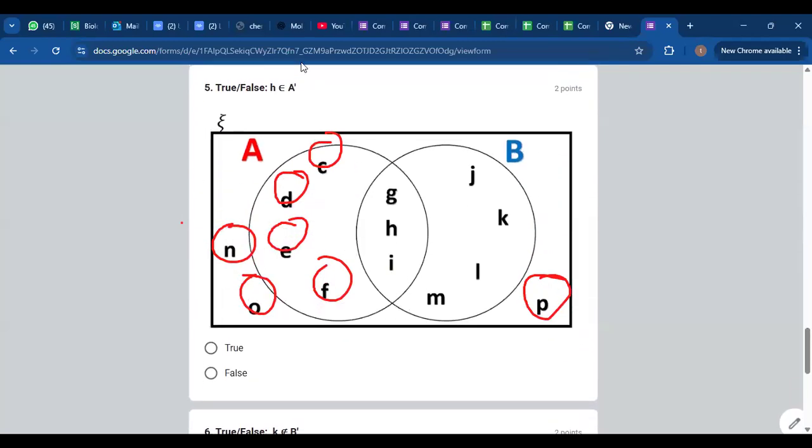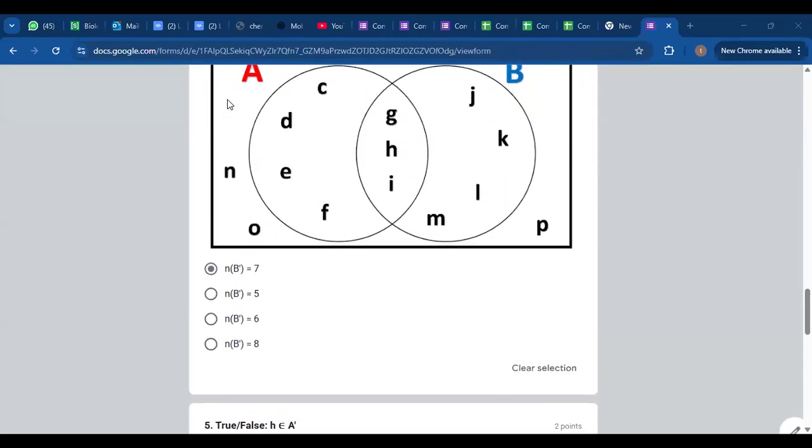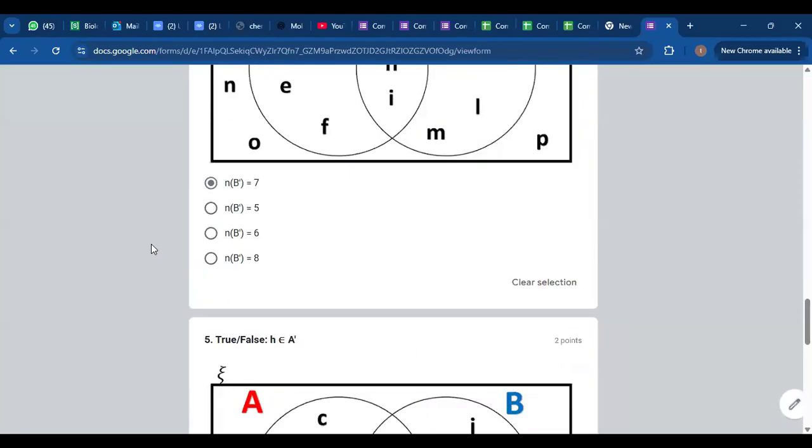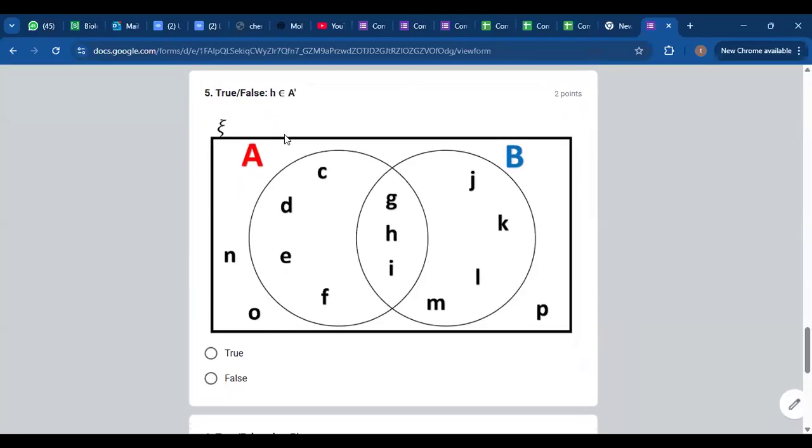And then this one, say it again. 1, 2, 3, 4, 5, 6, 7. Yeah, 7. Okay. Then the next one, H is an element of A prime. Is this true or false?